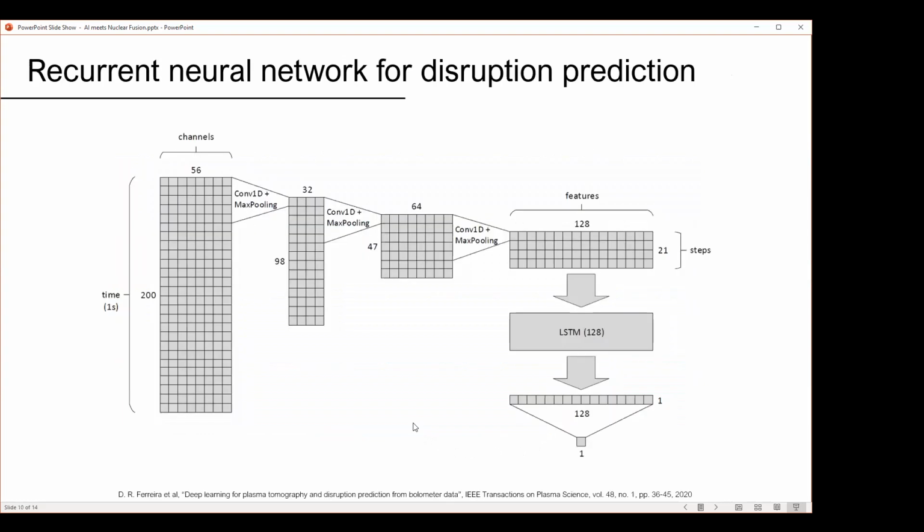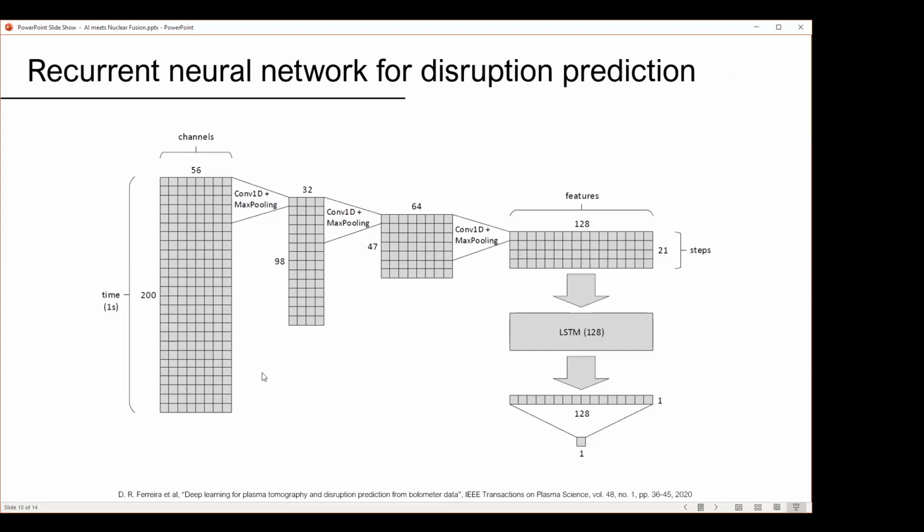Now, many people in fusion have worked in disruption prediction. This is a problem that has been addressed, perhaps most noticeably, for example, by the PPPL at Princeton University. They have also worked a lot on this.